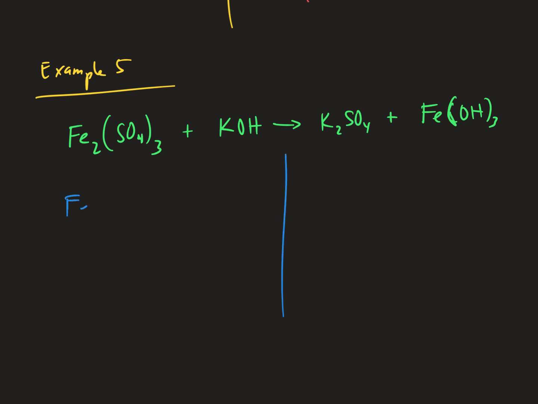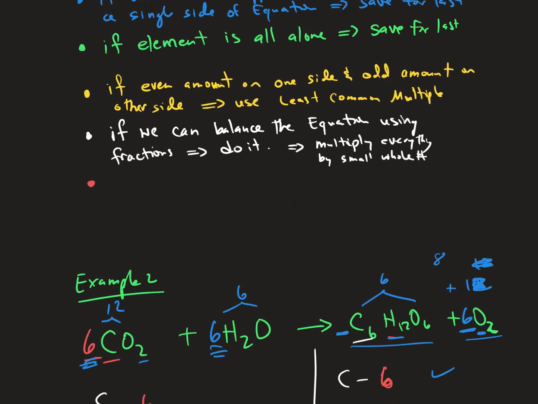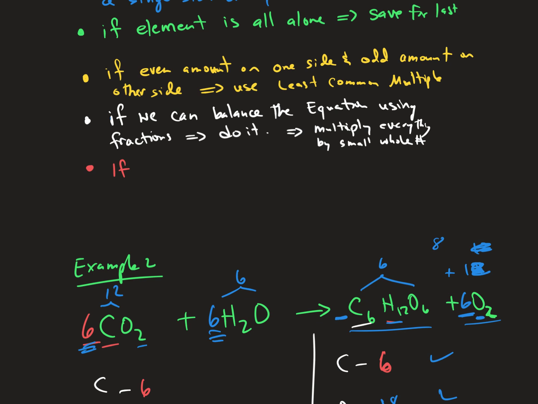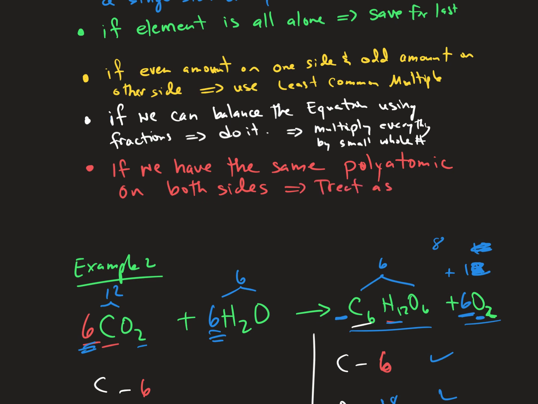We got irons, and here's our trick. Let's write our trick real quick here. If we have the same polyatomic, you guys remember polyatomics? We have the same polyatomic on both sides, then we can treat it as a single unit.